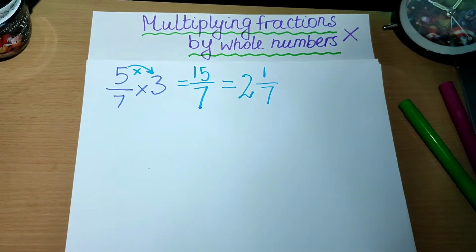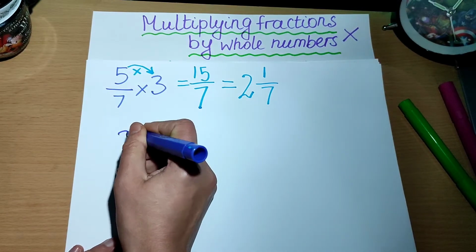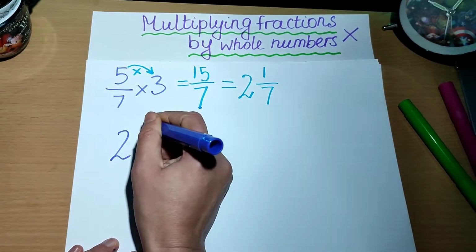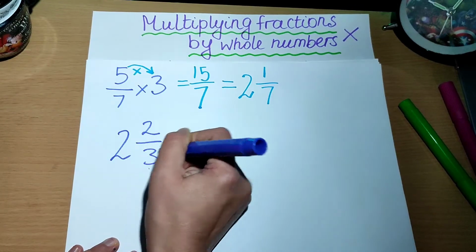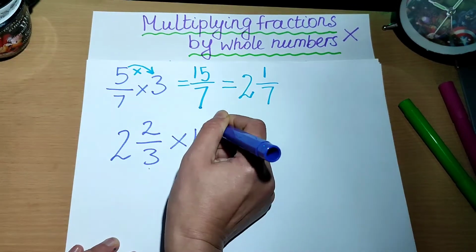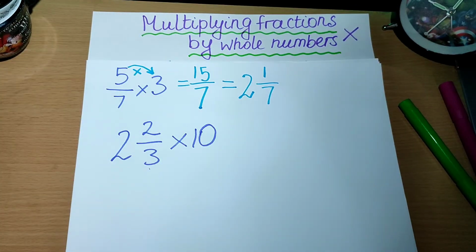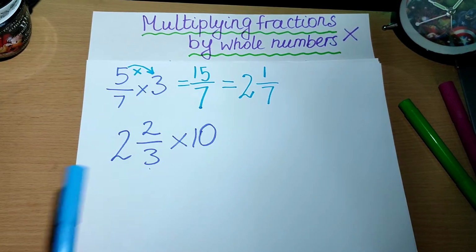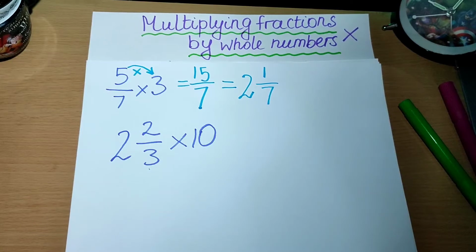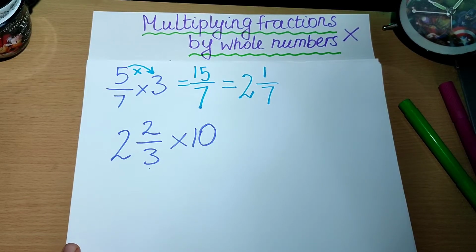Let's have a more complicated multiplication. Let's multiply a mixed number now by a whole number, applying the same principle. Before we do the multiplication, let's turn this mixed number into an improper fraction. Do you remember how we do that?